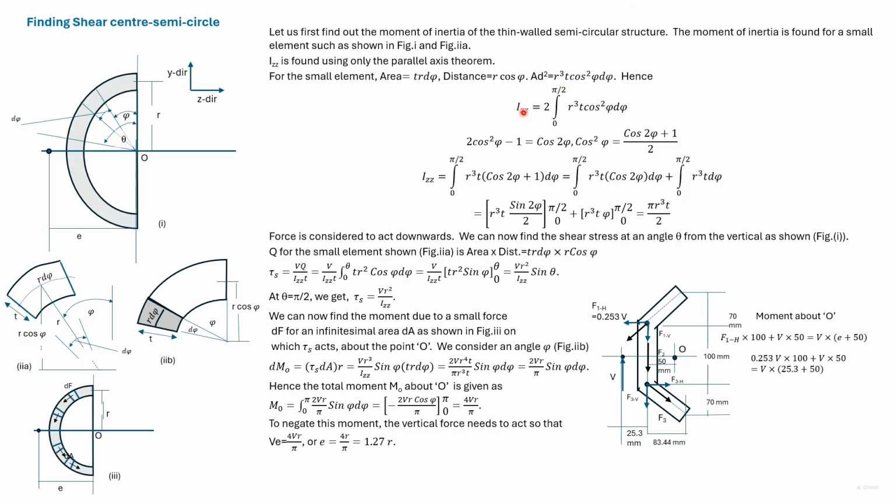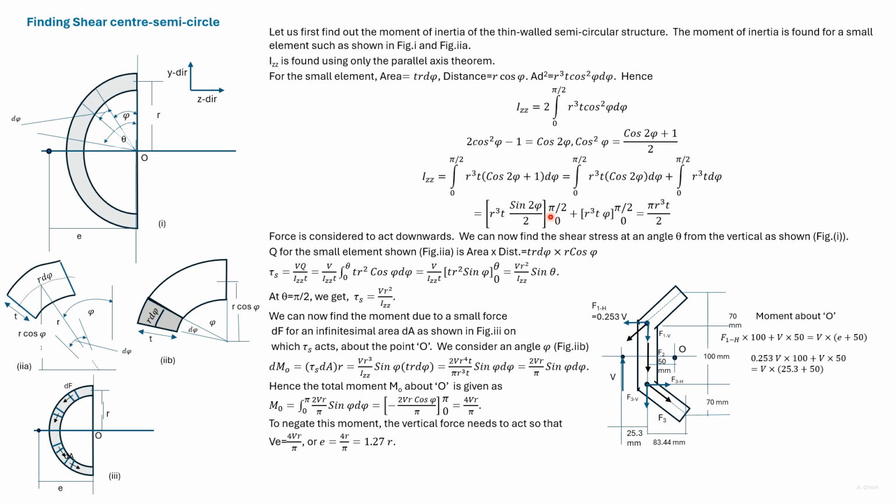Izz is obtained by integrating from 0 to pi by 2 and then multiplying by 2 for the two portions. Cos squared phi can be written as (cos 2 phi plus 1) divided by 2. This 2 and this 2 cancel. We get this expression which we can write as two separate integrals. Integrating cos 2 phi, we get sin 2 phi divided by 2.